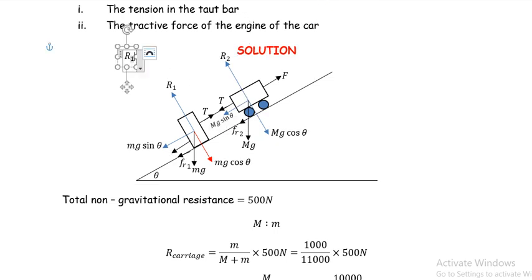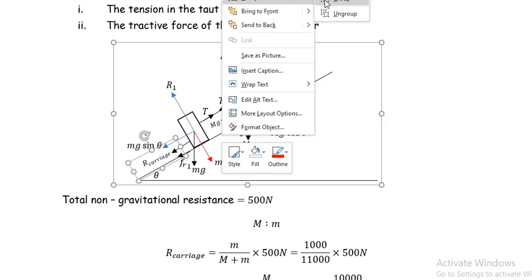So we call it arrow carriage. Let me just try to decrease the size so that at least it can be placed here. So arrow carriage. Okay, you have the value of arrow carriage.